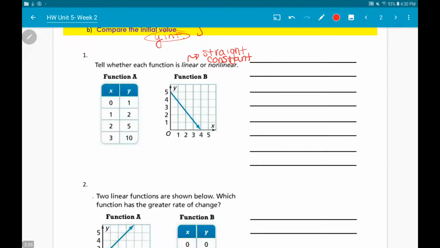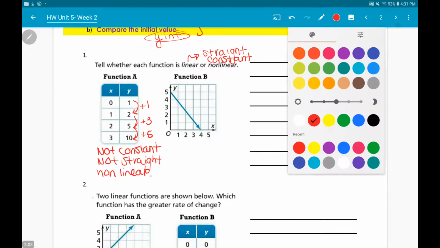Okay, so first we check function A. I see that it goes up 1, and then it goes up 3, and then it goes up 5. This means that it is not constant, so it would be not straight, and when things aren't straight, it means it's non-linear. All right, so I'm going to start with that sentence.